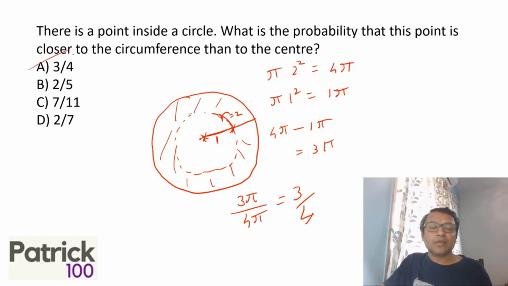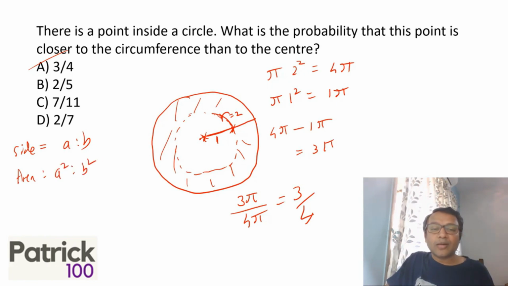A option. Actually also based on the property that if the ratio of the side of similar figures is A is to B, the ratio of the area of similar figures is A square is to B square. So if you look at the ratio of the radius of the circle of 1 and 2, it is 1 is to 2, that means the area is 1 is to 4.